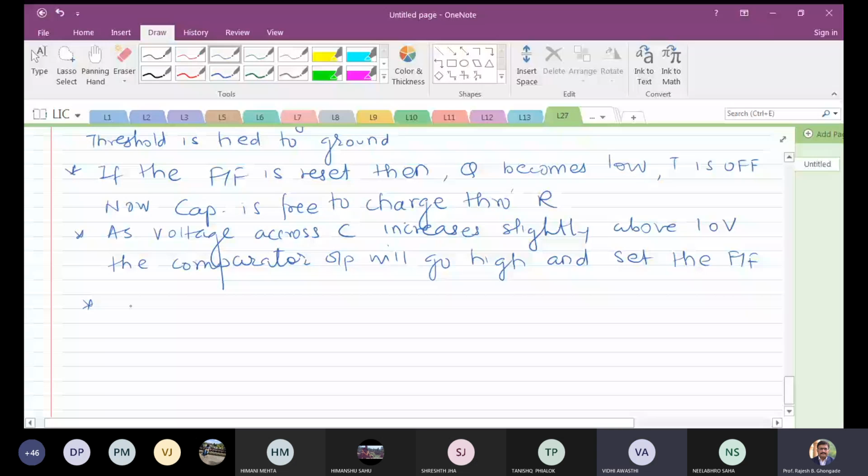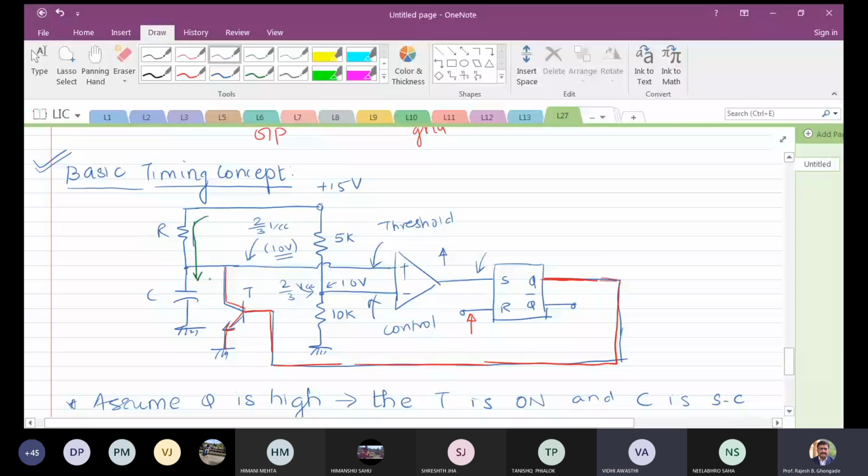So Q is on, or let us say Q is high. And again the transistor will be on. So what will happen to the capacitor? Whatever is the charge on the capacitor, it gets a discharge path through the transistor.